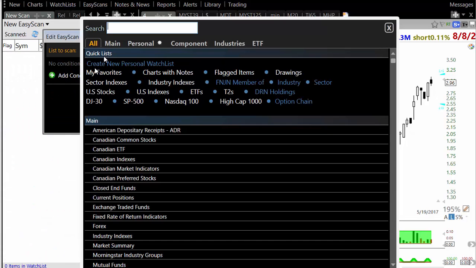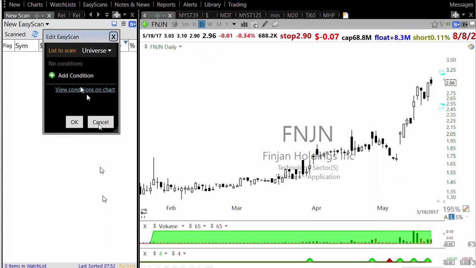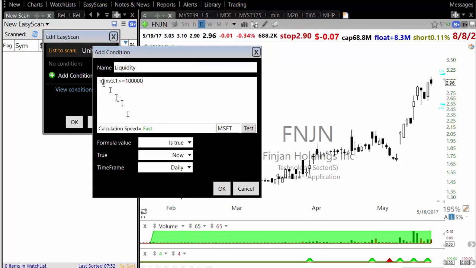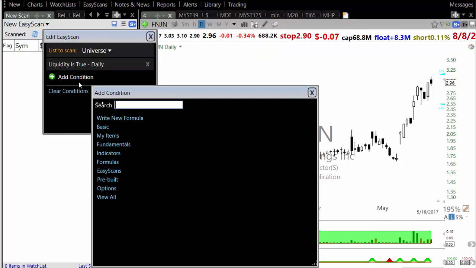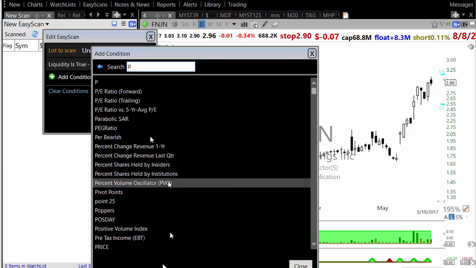You can go to the universe and add a condition of liquidity and add a condition of price to eliminate low price stocks.